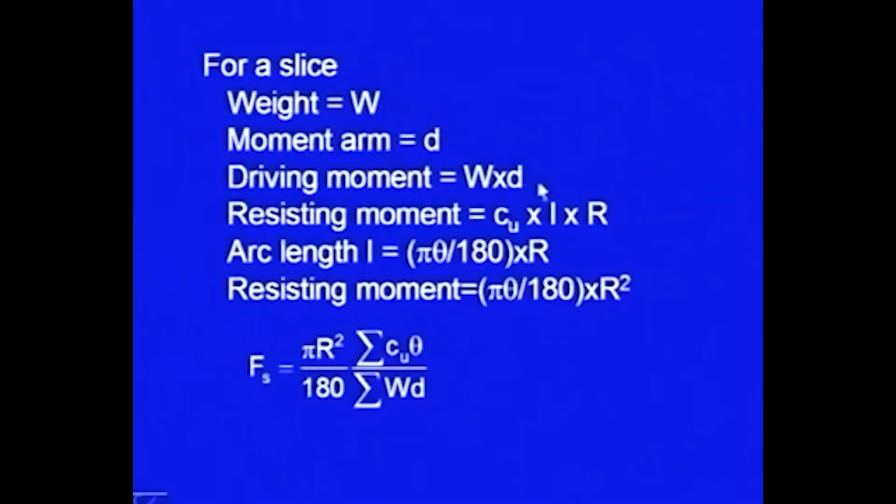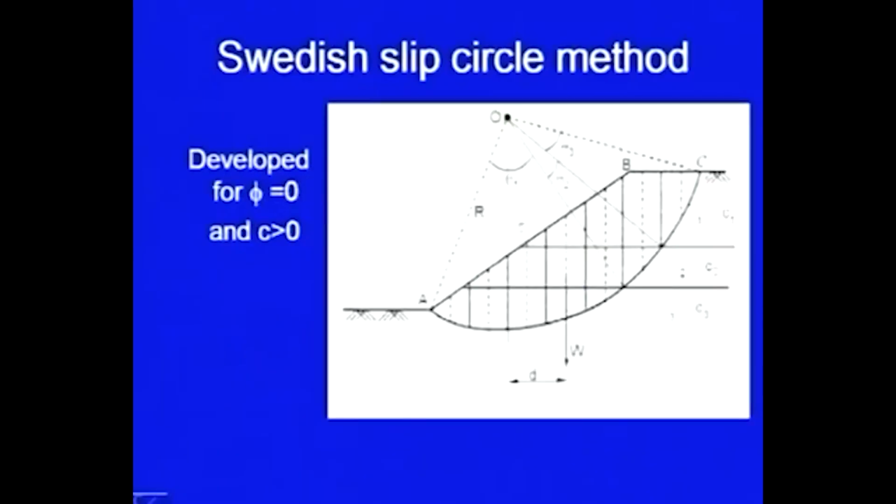So, what we do in this case is we divide the mass into different slices. So, here you can see we have divided them. So, this is slice number 1, this is the line showing the CG of the slice number 1, this is slice number 2, slice number 3, and so on.